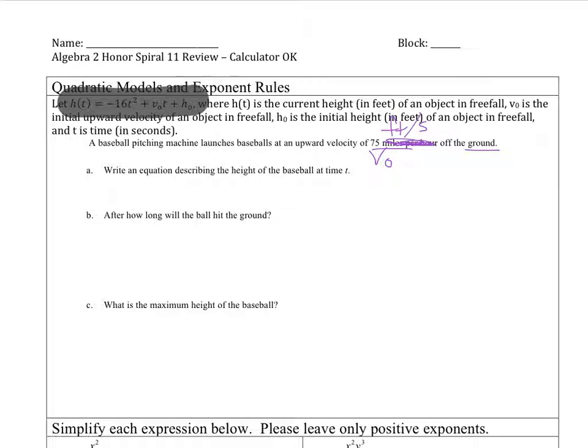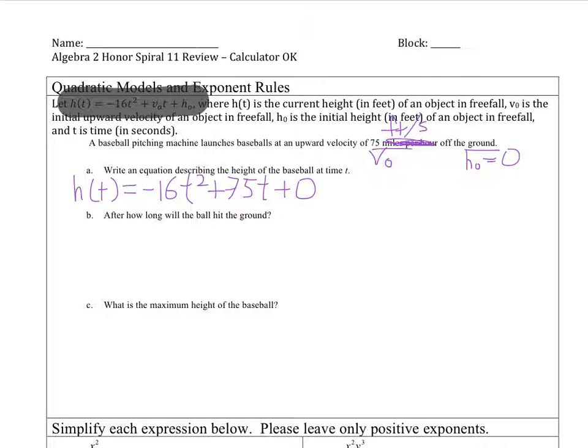Off the ground means that my initial height, h sub 0, is going to be 0. So my equation would become h of t, in other words, the height based on time, not h times t, but h of t, is negative 16t squared plus 75t plus 0.